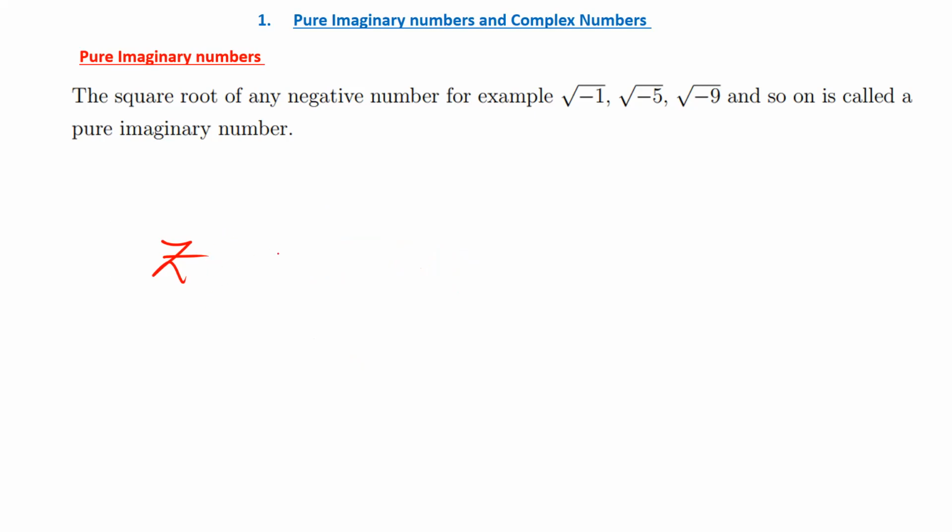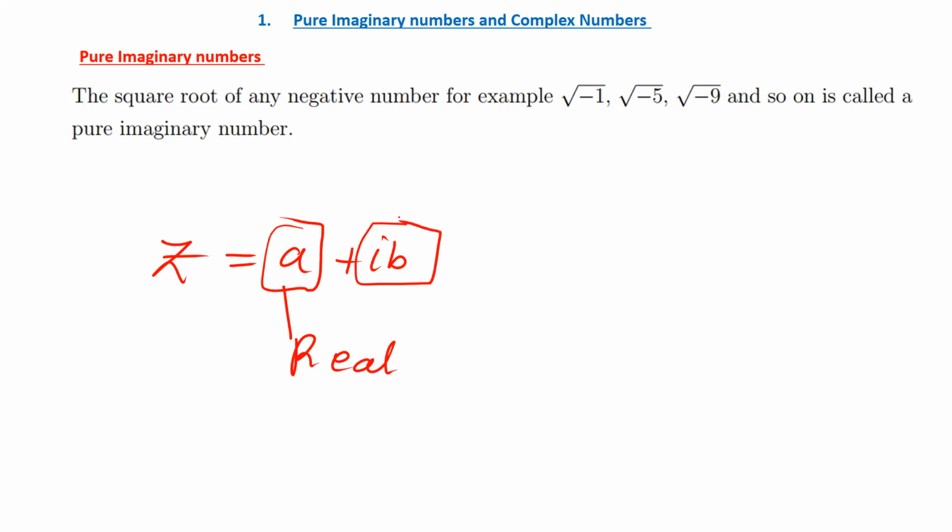Every time you find any number that is in the format A plus IB, this A is called the real part of a complex number, and this part here, which contains the I, is what we call the imaginary part of a complex number Z. I'm sure you've all seen this I before.